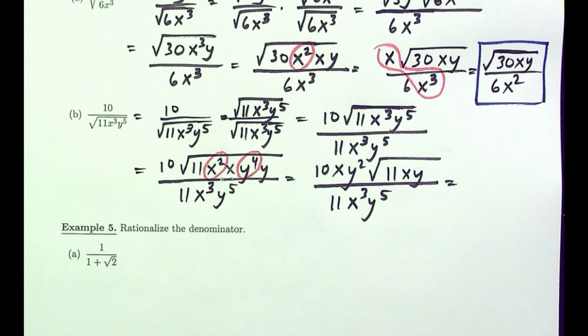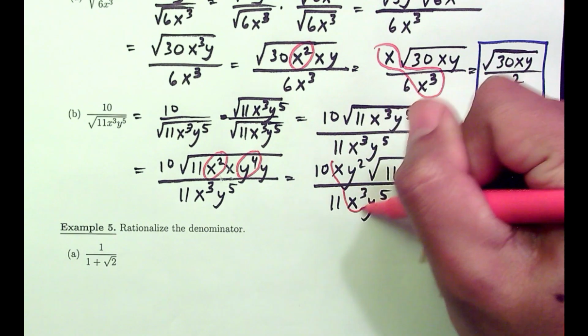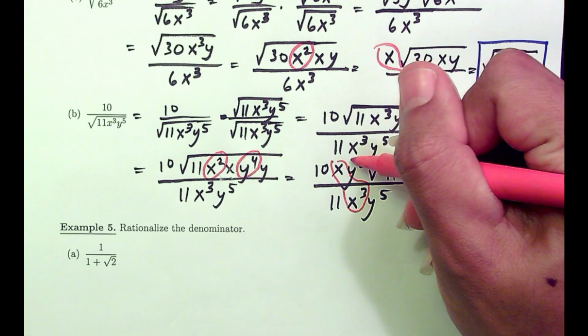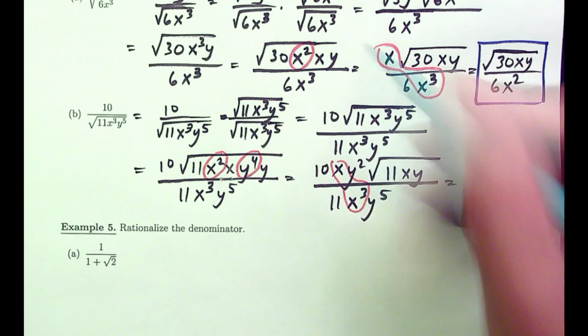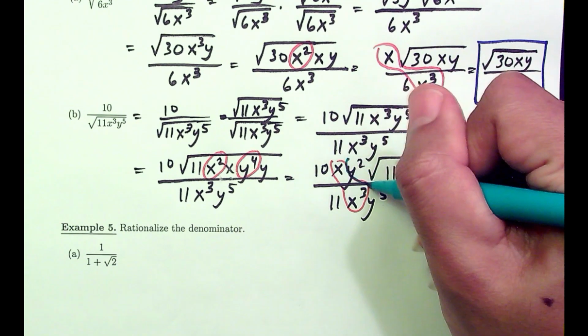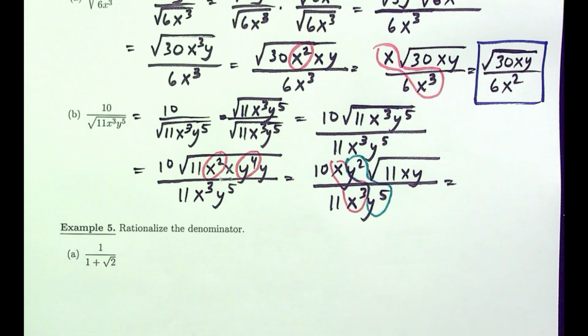One more step. We can simplify the x's and the y's. Okay, so if you have 1 x on top and 3 on bottom, and you cancel 1, you're left with 2 on bottom.